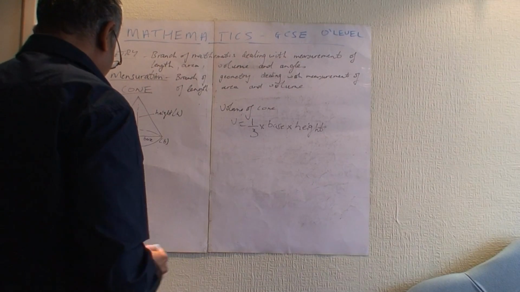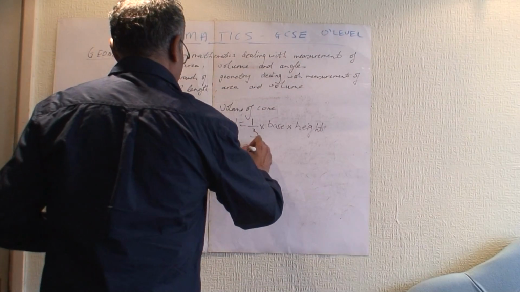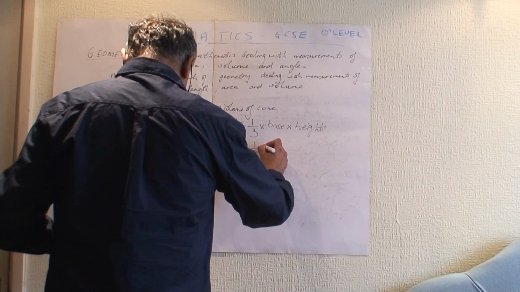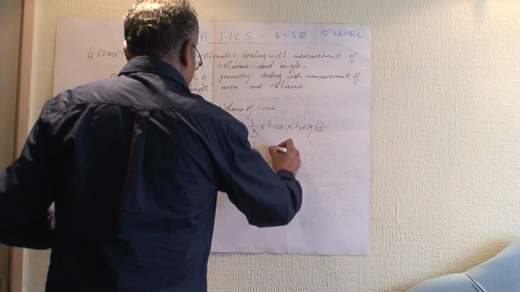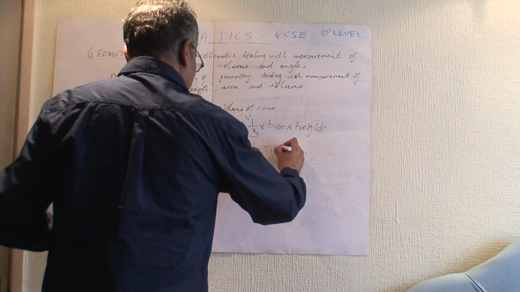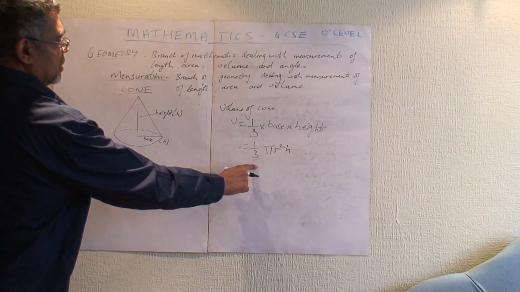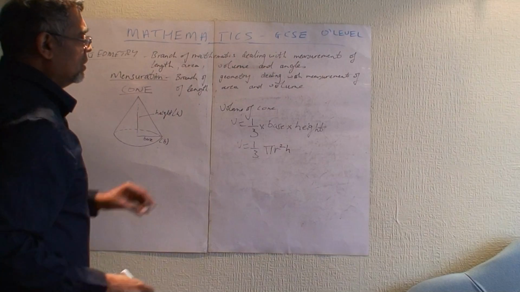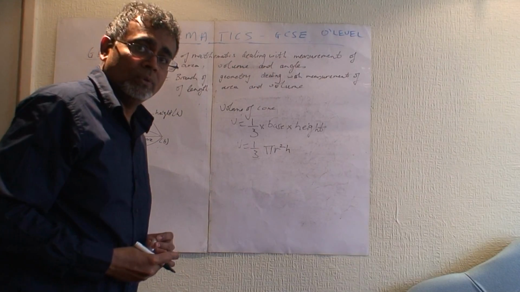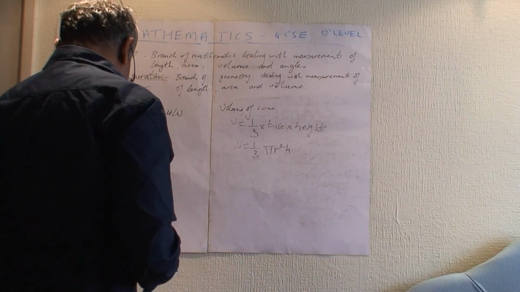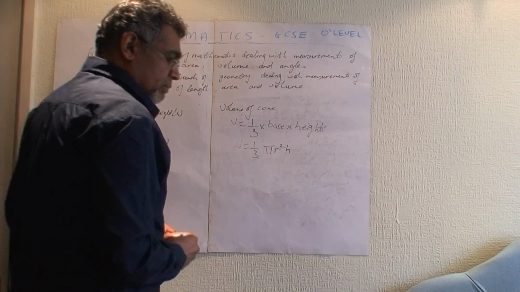It's also known as a third pi r squared h. That's the formula. This is the formula for finding the volume of the cone, so you can use that when you're finding the volume of the cone.